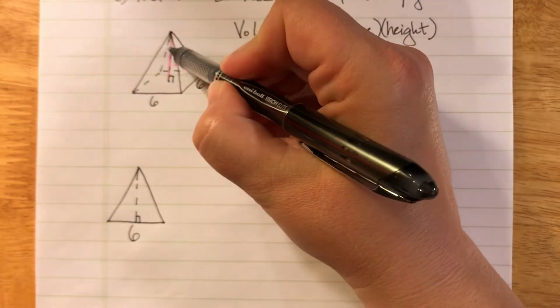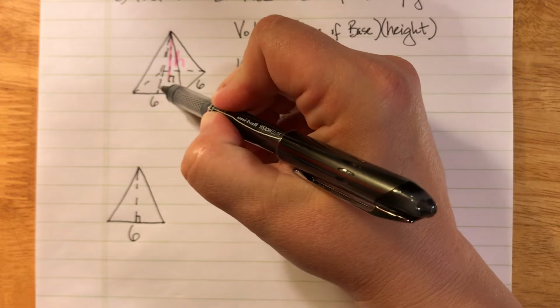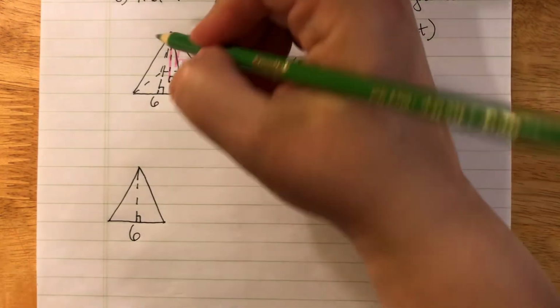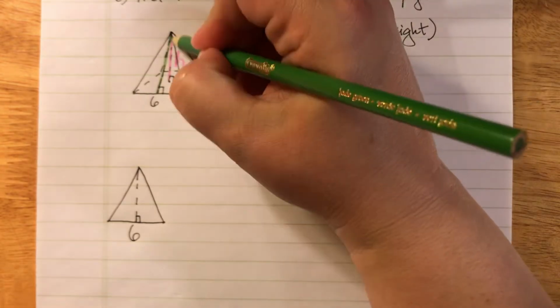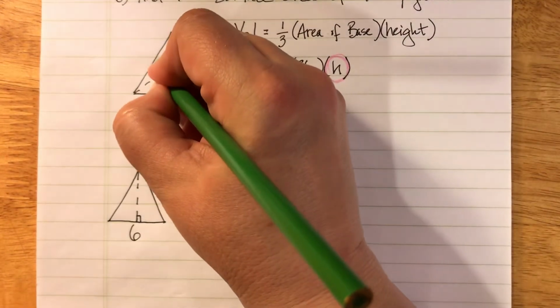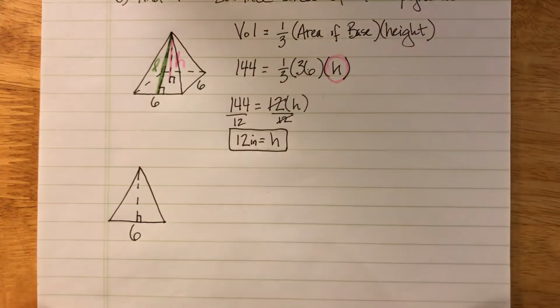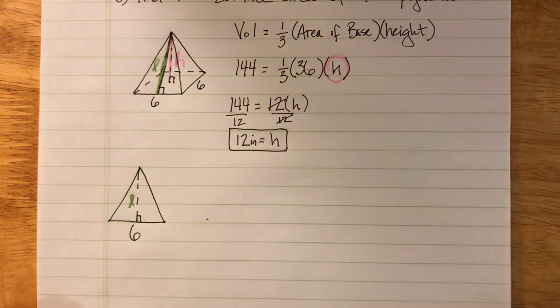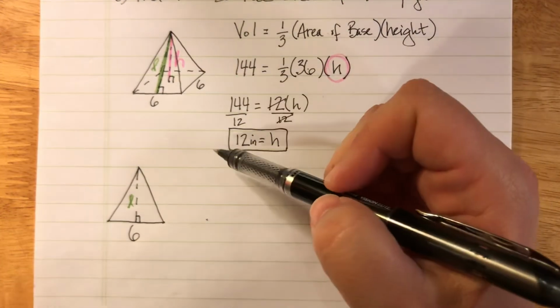I can look here on my diagram, and that is what we call the slant height. This length right here is the slant height, which we use the letter L to represent. I was not given my slant height, so I need to find it.